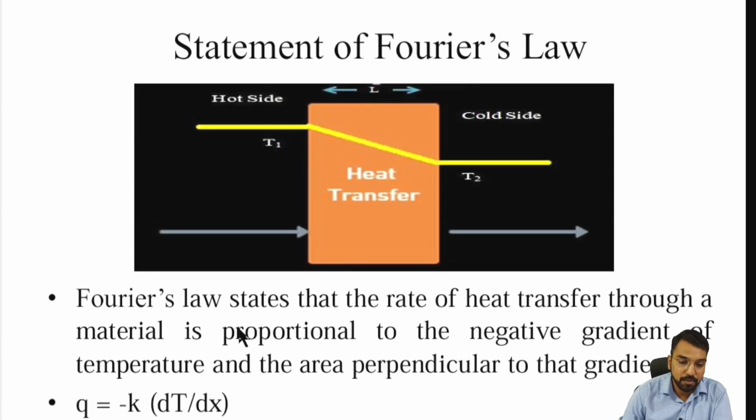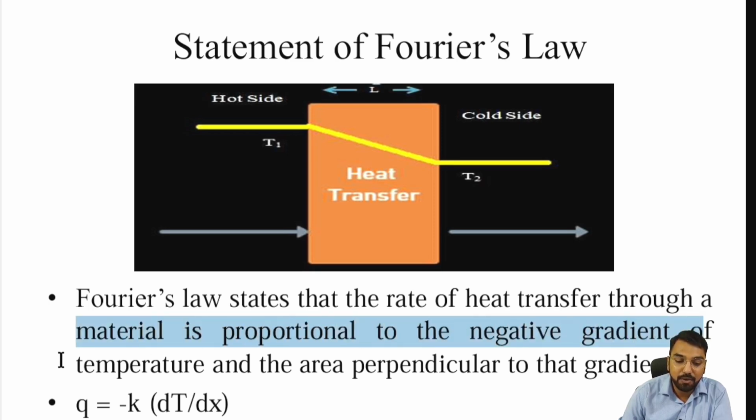So what is the Fourier law and its statement? Fourier law states that the rate of heat transfer, which means heat transfer per unit time, through the material is proportional to the negative gradient of temperature. In the last lectures I taught you what the temperature gradient is: a temperature difference with respect to some distance, and the area perpendicular to the gradient.